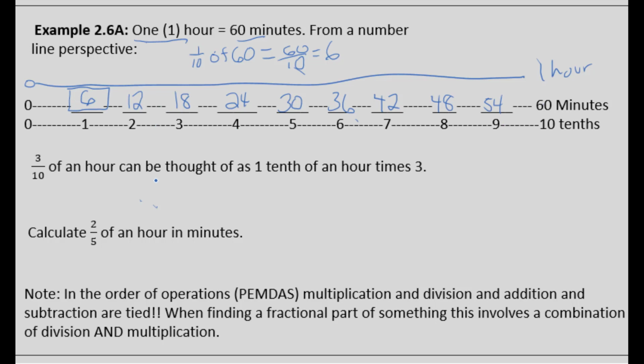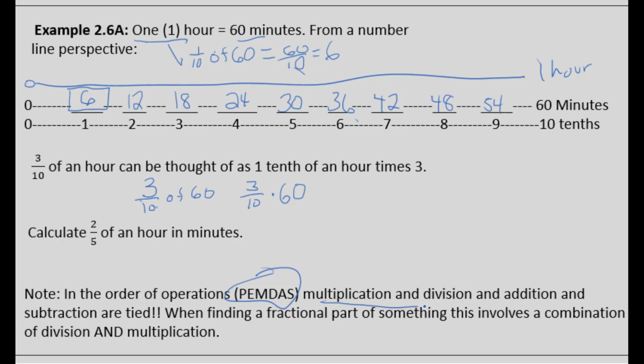To find 3/10 of an hour, I could have done this. I could have found 3/10 of 60, just like I did up on top when I found 1/10. And I can divide first, because this is the same as 3/10 times 60. And most of you think that, and I'll get to it, that the order of operations mnemonic means that you multiply first, but it doesn't, because multiplication and division are tied.